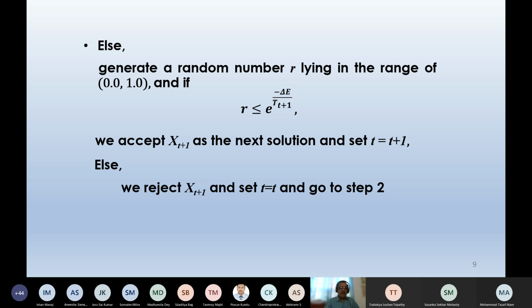Okay, let me repeat. We generate a random number r, and if it is found to be less than or equal to e raised to the power minus delta E divided by T corresponding to t plus 1, we give a chance, although this is not a good solution, but we accept it. Why do we do this? The reason I have already told you.